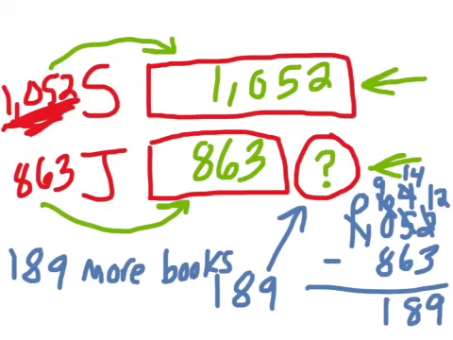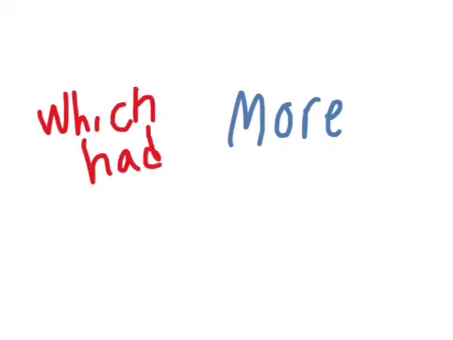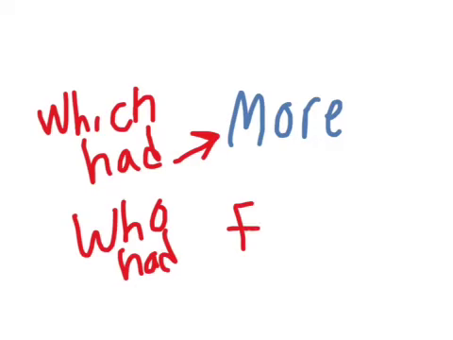Today, you are going to be working on some problems where you are missing a mystery box number, or you are missing one of the other numbers from the problem. You have to know that if you are missing the number before the word more, it's going to say which had more, or who had fewer.